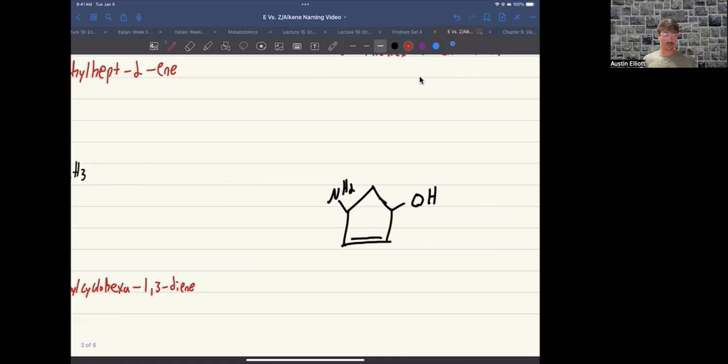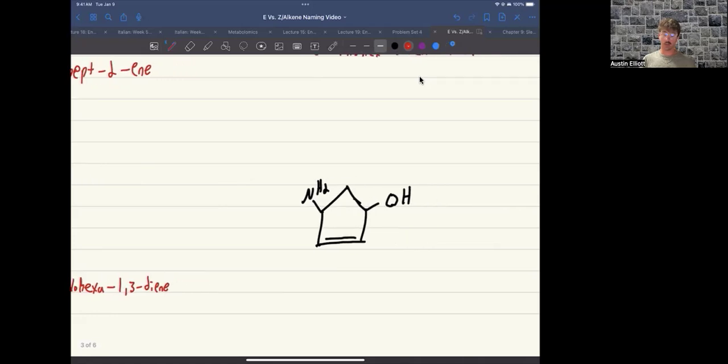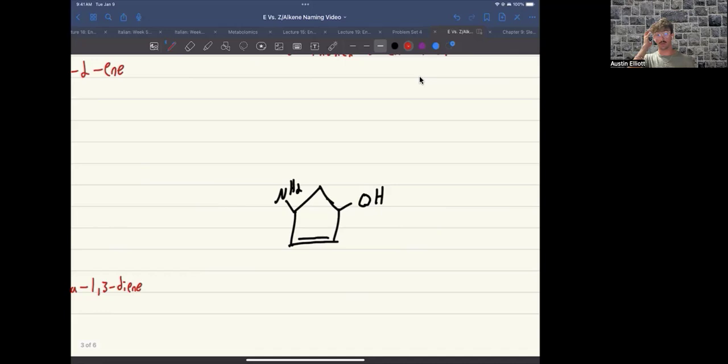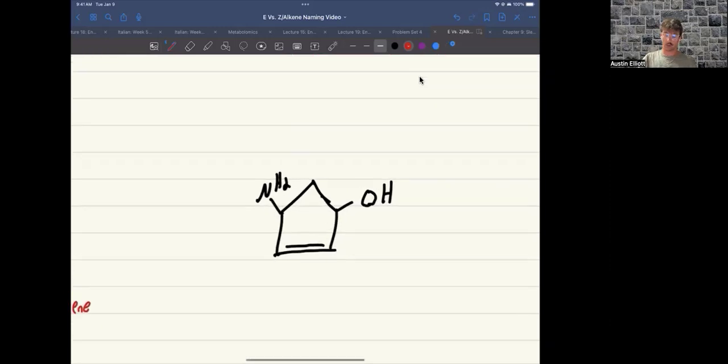Now, our last one on this is another ring with some more functional groups on there. Very similar to the other one with all the groups on there, but we want to start with our alcohol and then go 2, 3, 4, 5.